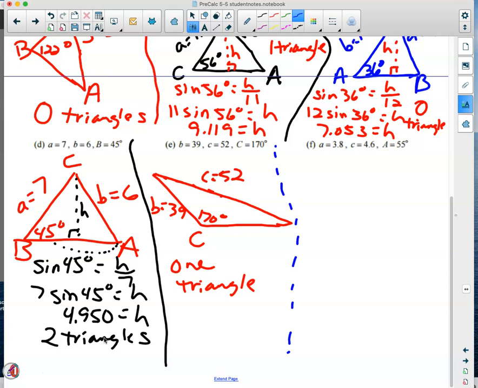All right, F. There's our capital A, our vertex at 55 degrees, little a, 3.8, and then they have C. So opposite that's going to be our capital C, and that would make this one B. Well, we better check out the height.